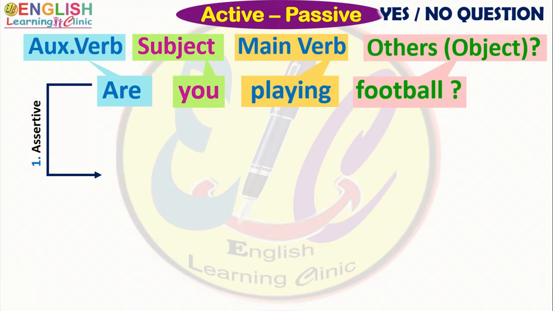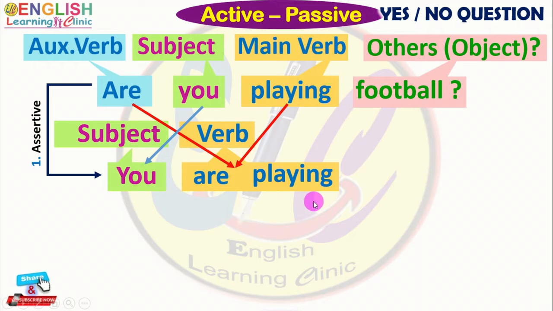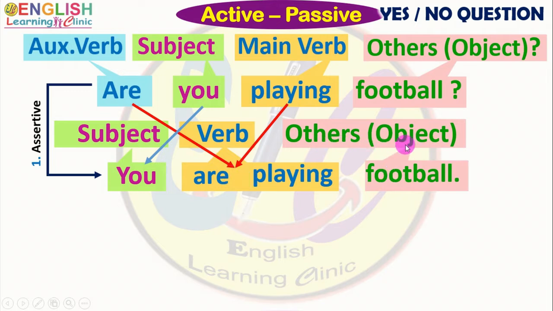To make it assertive, you have to just interchange the place of the subject and the auxiliary verb. The subject will come first, next the verb form, that is with auxiliary verb and the main verb form, and next will come others. And now look at the structure. This is an assertive sentence.